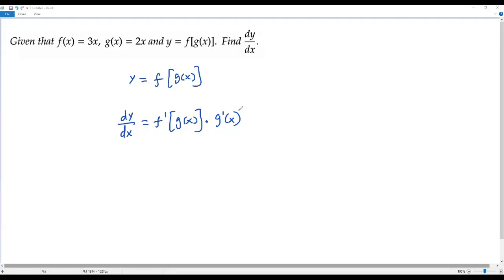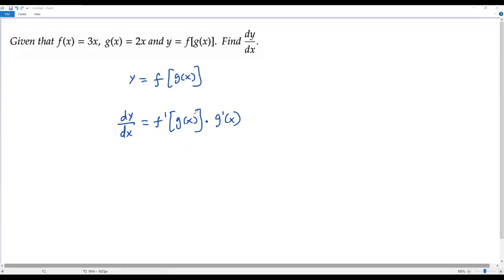I don't have any trouble getting g prime of x because we know that g of x equals 2x. So if I find the derivative on both sides, I'll be getting g prime of x. But I have trouble finding f prime of g of x, because when I look at the function f of x, inside the parenthesis I just have a single variable, just x. But here, instead of a single variable, we have a function. That's a trouble.